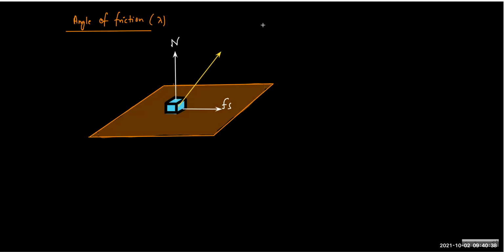So here comes the answer. This is what we call the resultant of the surface contact force, and this is what we have been using since the last lecture. And this will be denoted by R. Now, because the Fs can have any direction, this R can be anywhere on this circle, like a conical shape.